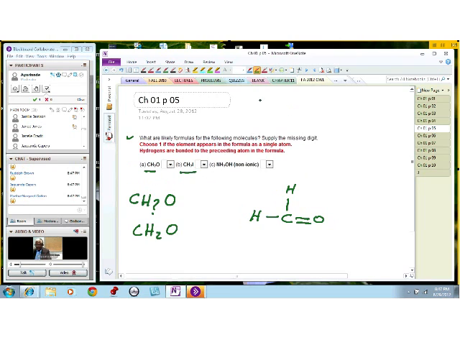B, you have CH, then a question mark, and then iodine. I will tell you now, iodine has a valence of 1 because it is in the same group as chlorine. So let me erase this.